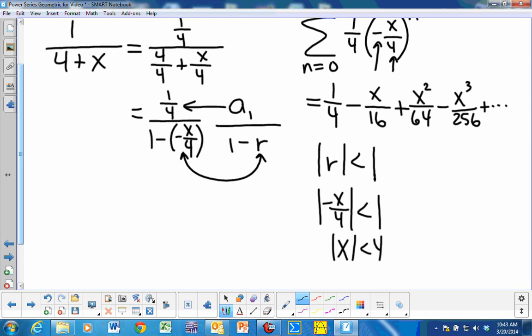So when is the absolute value of x less than 4? And so that would mean when we go from negative 4 to 4. Similarly, again, check the ends. If you plug in 4 or negative 4, it will not converge, because you're going to get a 1 times stuff, so it's not going to converge. So it's going to work for that example.